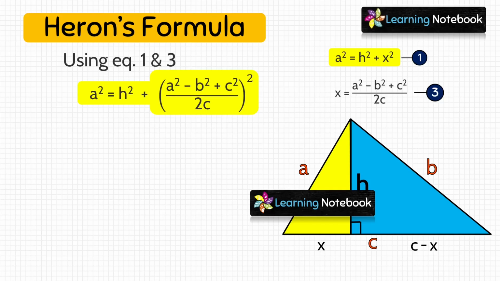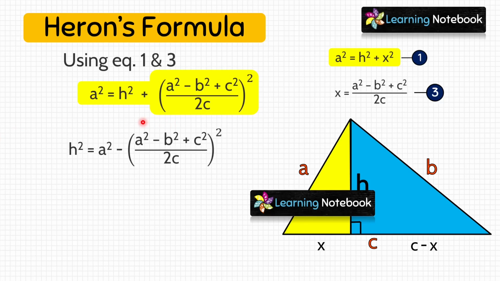Let's take this value of x square to the left hand side and we get the value of h square. Now let's open this bracket and we get the square of both numerator as well as denominator.